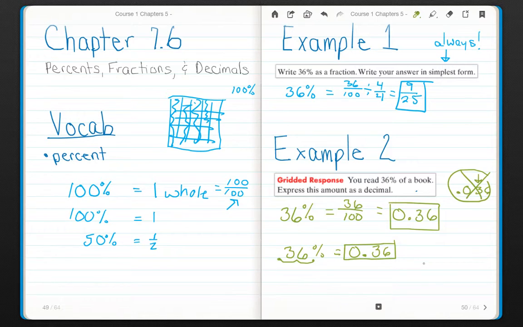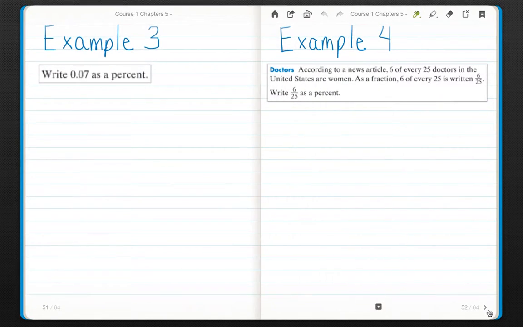Either method completely works. You get the same answer, whether you take it to a fraction and then the decimal, or divide by 100 by moving the decimal 2 places to the left. Go left.